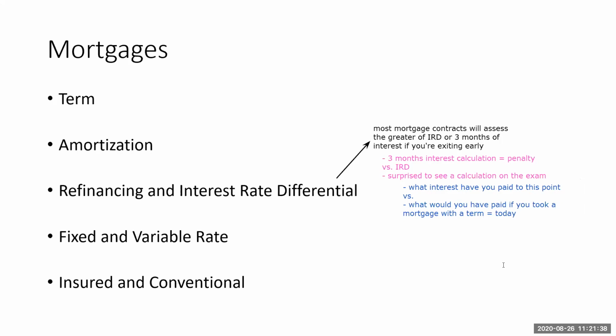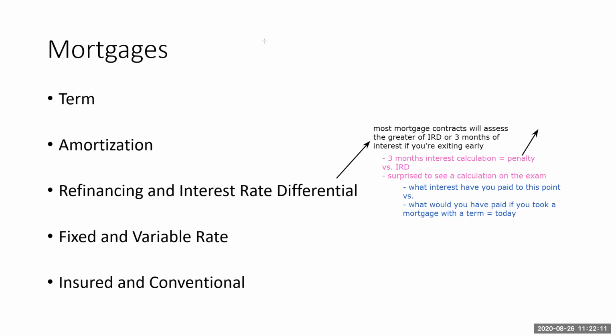And so when you have a refinancing discussion with a client, you have to figure out first off whether you're going to have the 3 months interest or whether you're going to have the IRD. Now, I will point out, with a variable rate mortgage, which of these are we using? Right, with variable rate, we're doing the 3 months calculation.